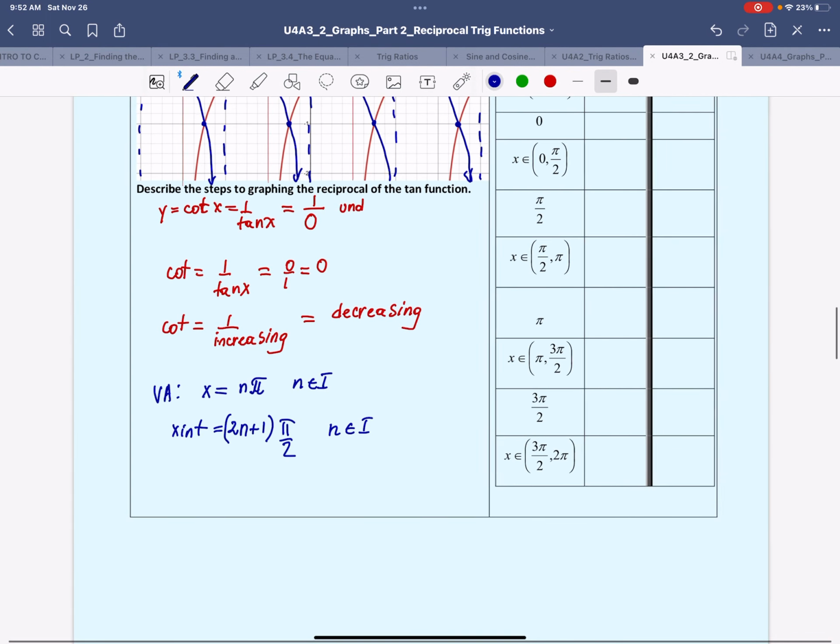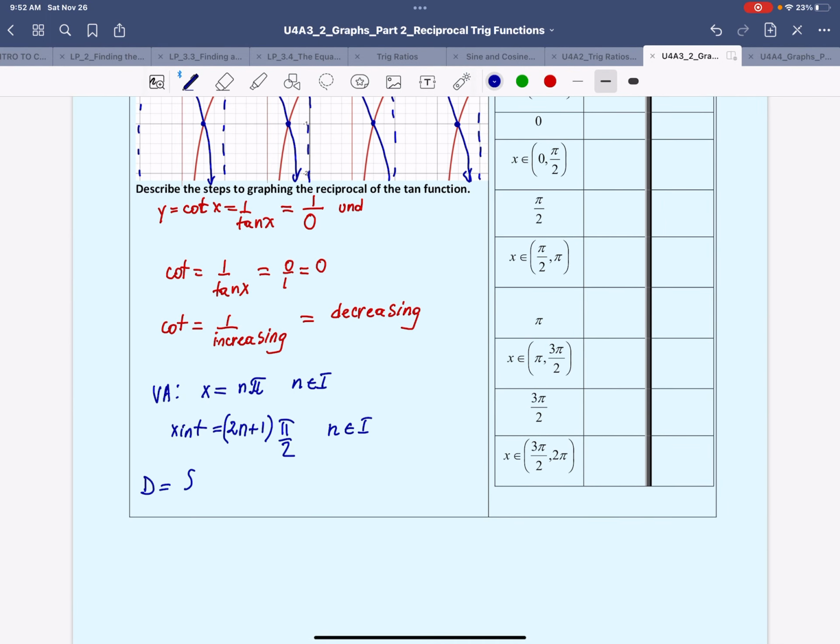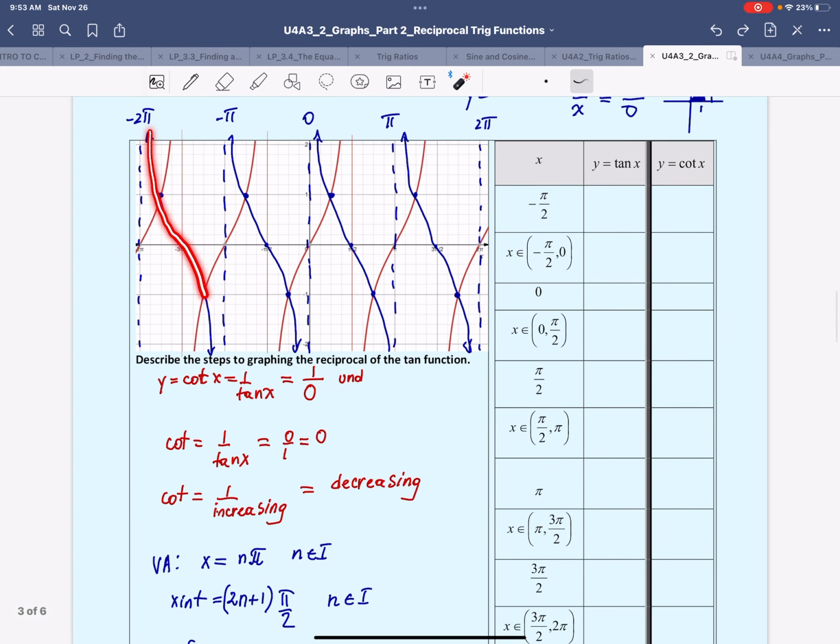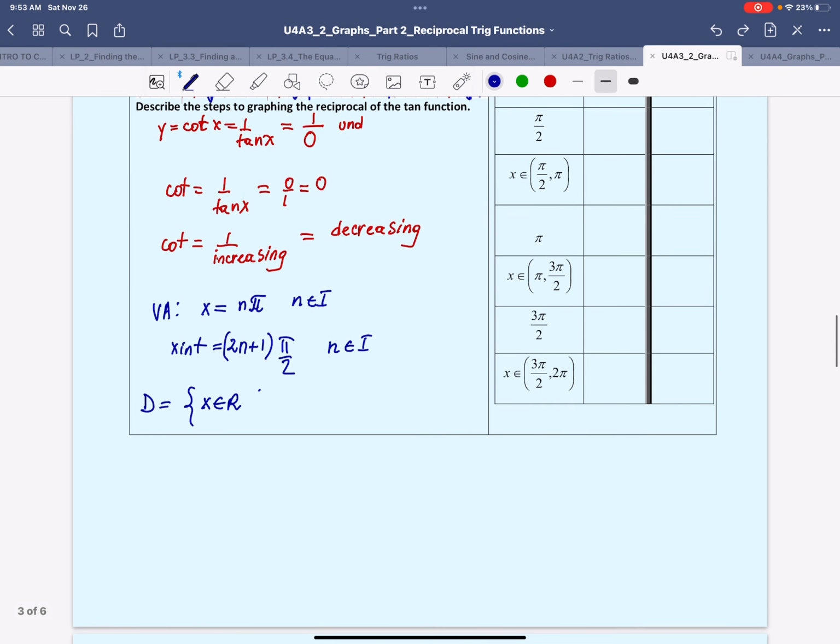Now, the domain of the cotan function will be defined by the asymptote. So we're going to say x is any real number, obviously, because the cotan is a solid line, right? So x is any real number, but x cannot have the value that is excluded by the vertical asymptote.